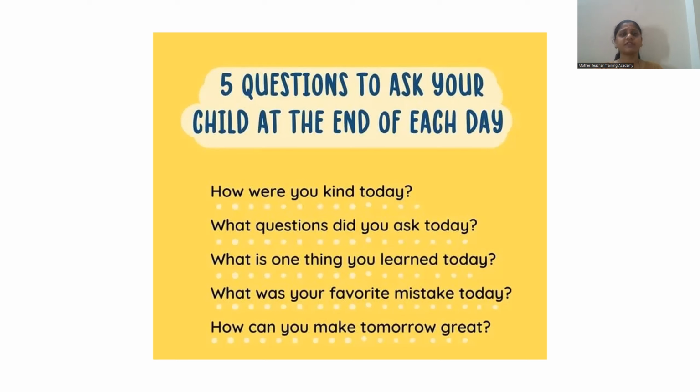And then, what was your favorite mistake? So you can just say, did you commit any mistake? If yes, how did you like it? Did you like doing it? See, your child can say, Mama, I made a mistake having an ice cream.